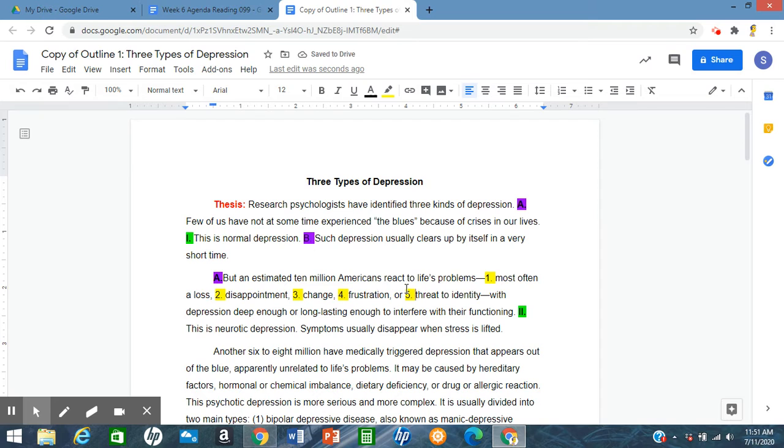And then with depression deep enough or long lasting enough to interfere with. So this is again continuing on with this life's problems. So we have to put 6. And then symptoms usually disappear when stress is lifted. So these symptoms from the neurotic depression, since this is not adding to this idea about reacting to life's problems, this would be B.